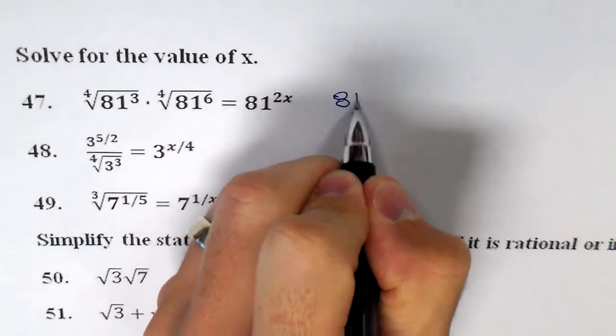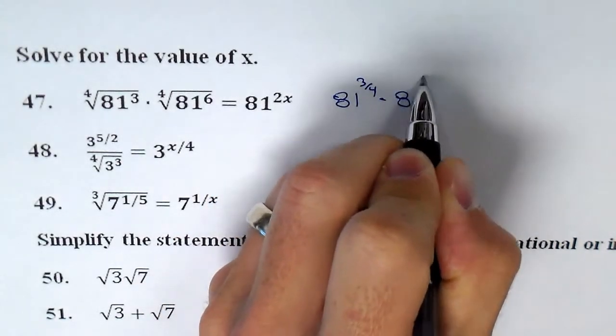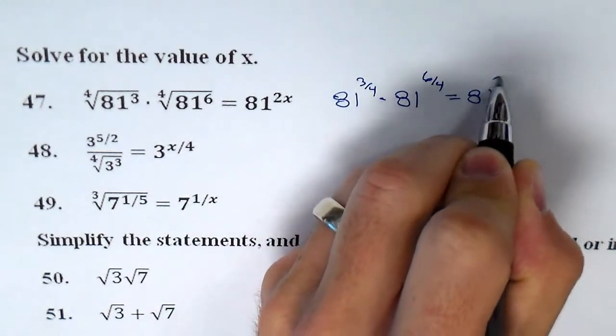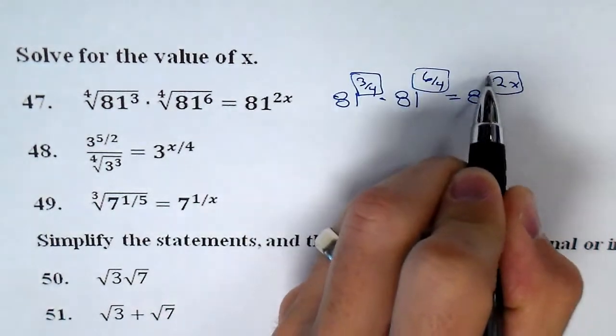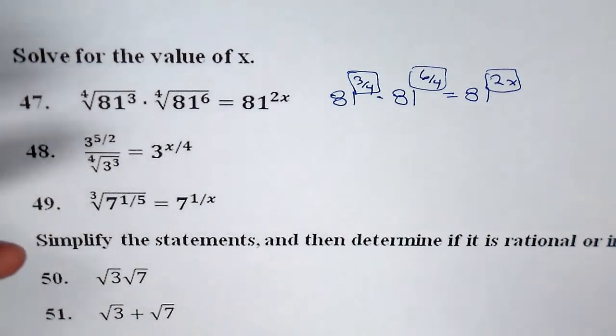So I get 81 to the 3/4 times 81 to the 6/4 equals 81 to the 2x. Because what I really want to look at is these exponents. This is really an equation solving for x hidden within the exponents. All the bases are the same. Now, it may be tempting to take that 81 and simplify it down to the 3, but I don't want to do that because I want to have all the bases the same.